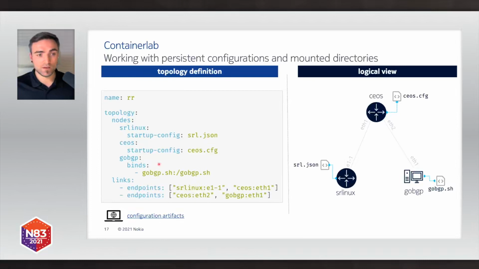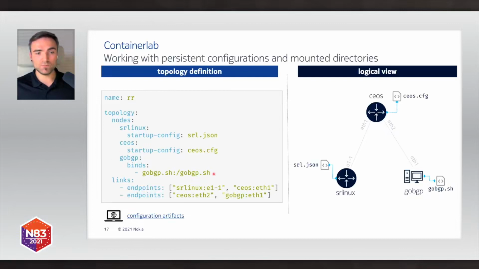And for GoBGP, because it doesn't have a notion of a startup config per se, we will use Docker binds. So we will bind the GoBGP shell script that I prepared to a location inside the container. And then when you start the lab, these two nodes will come with the startup config already prepared and booted.